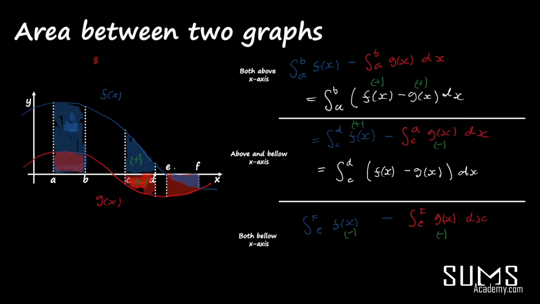So this is calculated as a positive area minus the blue area, and it works out again perfectly. So you're left with exactly what you want: the integral of e to f of f of x minus g of x dx. Maybe that was a bit time consuming, but I just wanted to show you that no matter what the scenario, it always works out to this formula.